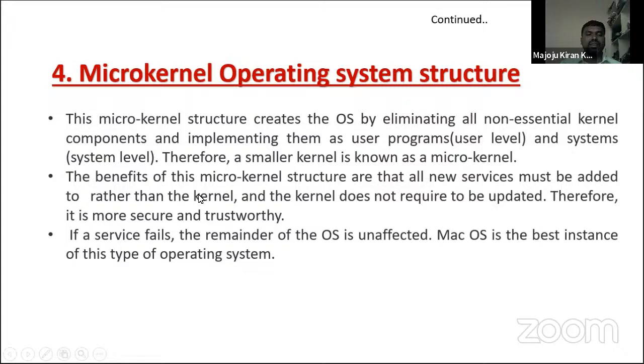In this way, we can secure the components which are essential for the operating system. So if you want to add any new service, it can be added to the microkernel only. In this way, we can protect the actual kernel. We are not disturbing the actual services and the core of this operating system.